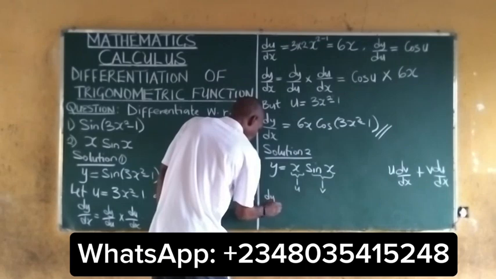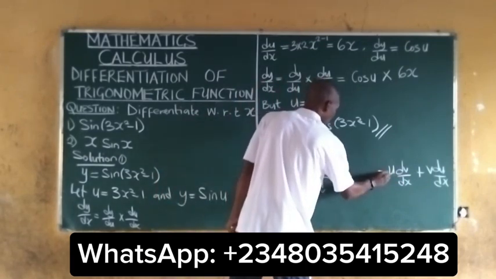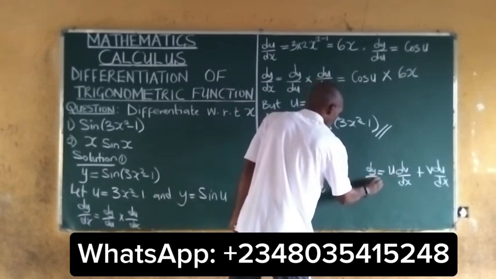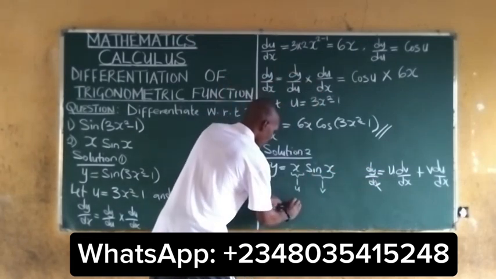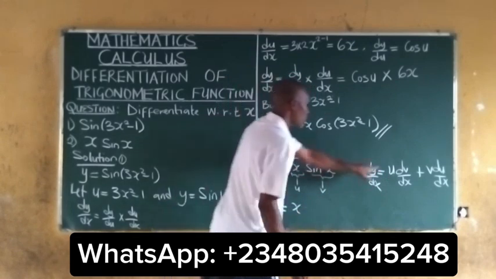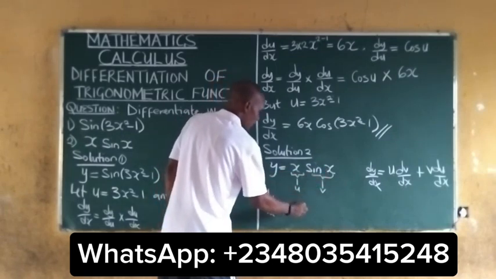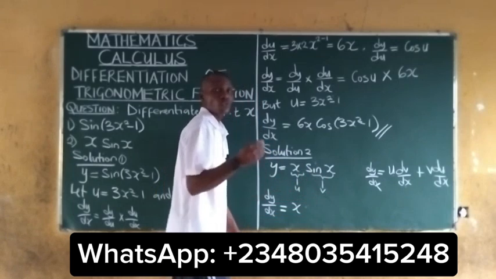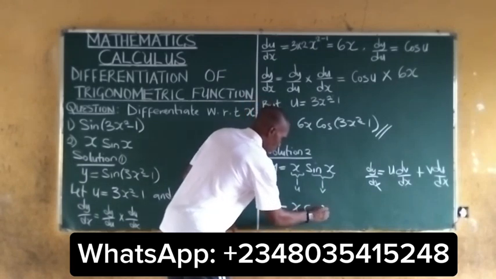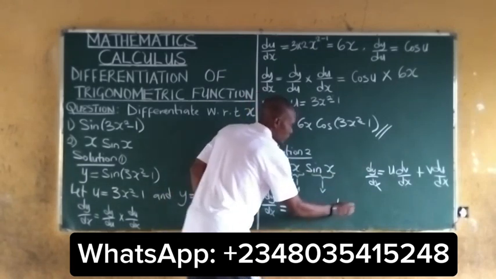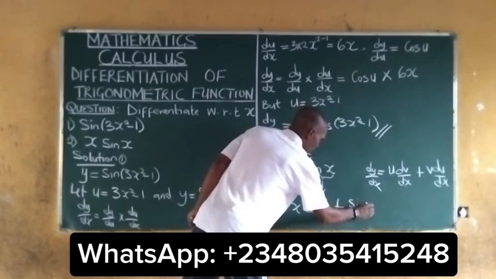So dy over dx is equal to u, which is x, multiplied by dv over dx. For dv over dx, we differentiate sine x, and we get cos x. We'll bring down our positive sign. Then v, we bring down v, which is sine x.